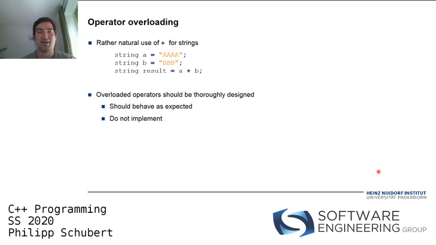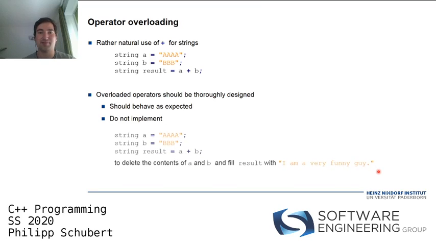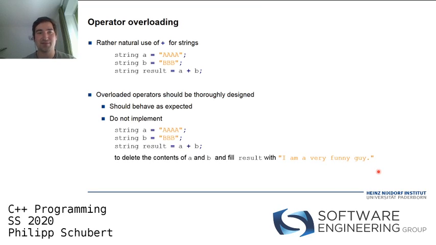So you could also do that funny thing, and I advise you please don't do it. You could do the following. You could have again two strings a and b, and you can overload the operator plus for strings to delete the contents of a and b and fill the result with "I'm a very funny guy."